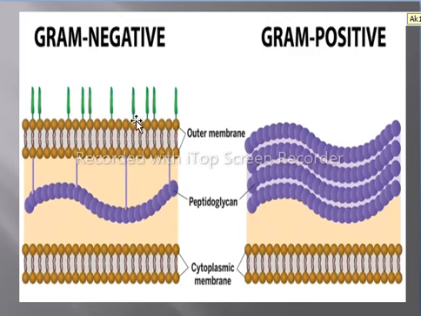The reason behind this is that gram-positive bacteria retain the primary dye when it combines with iodine. They make a crystal violet and iodine complex, while gram-negative bacteria will lose the primary dye upon decolorization.